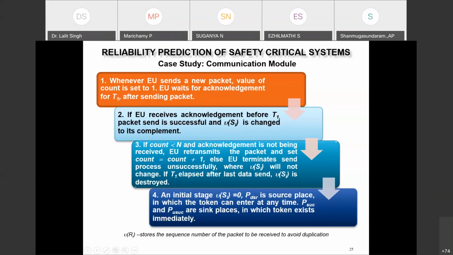If count is less than n and the acknowledgement is not received, the embedded unit retransmits the packet, and we increase the count to keep track of how many times we have attempted, and after a defined number of attempts we will terminate. Otherwise the embedded unit terminates the send process unsuccessfully, where the semaphore will not change. And if T1 time has elapsed after the last data sent, then this semaphore variable will be destroyed.